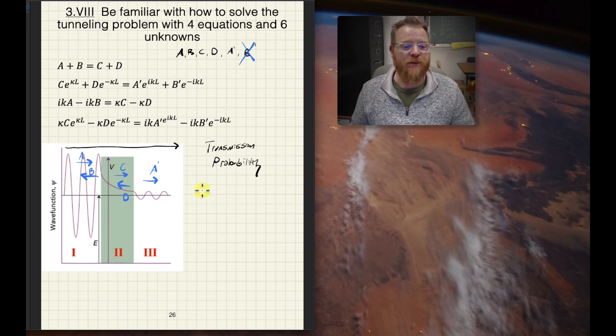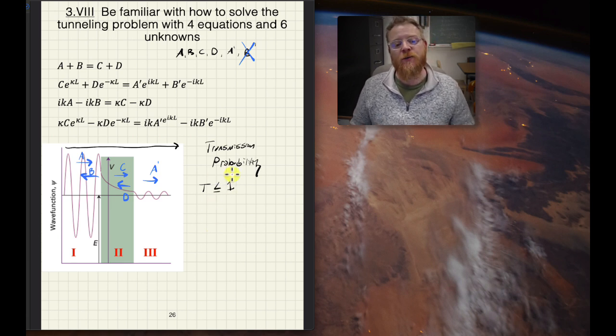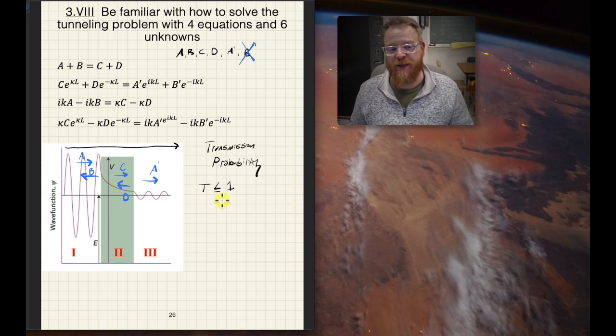So in other words, we can call the transmission probability some constant t, which must be less than or equal to 1, where the 1 corresponds to 100%, right? So that gives us some kind of boundary condition for the transmission probability.